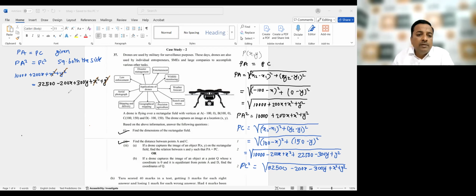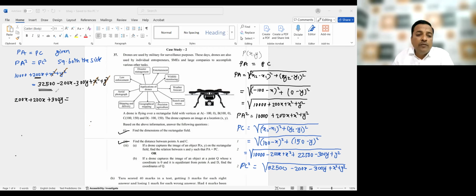Then we have minus 200x minus 300y on the right side, which we shift to the other side. This side already has 200x, so it becomes 400x plus 300y.